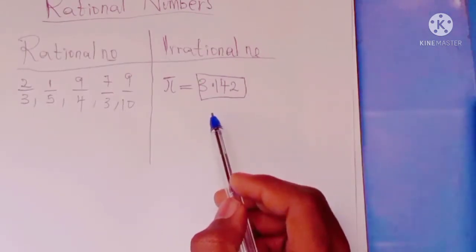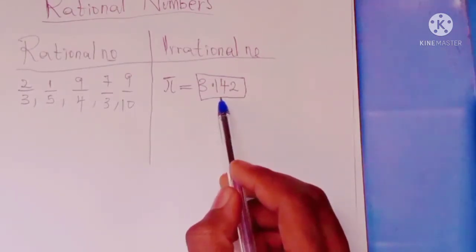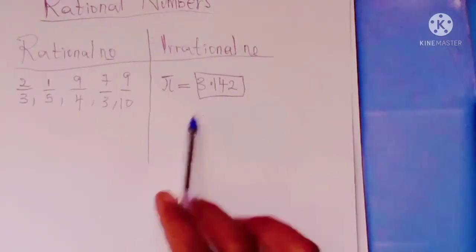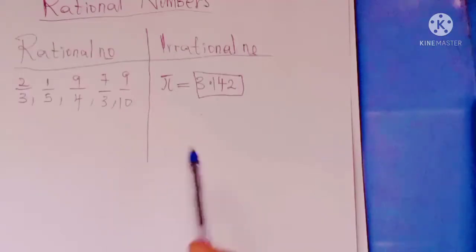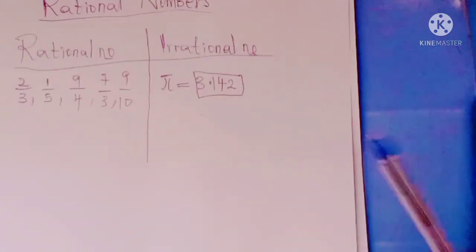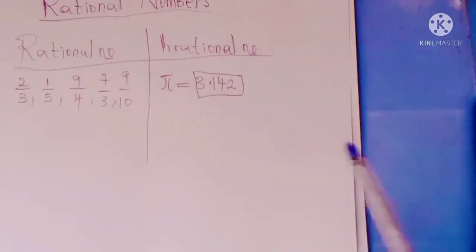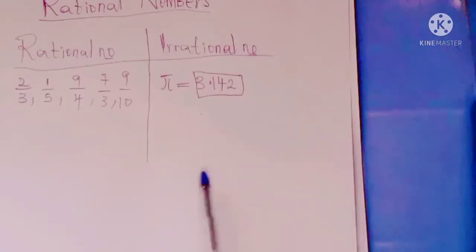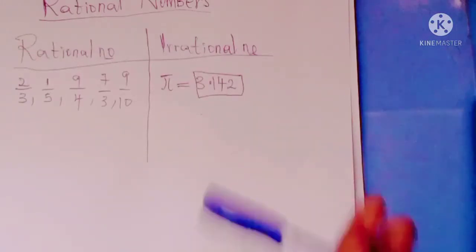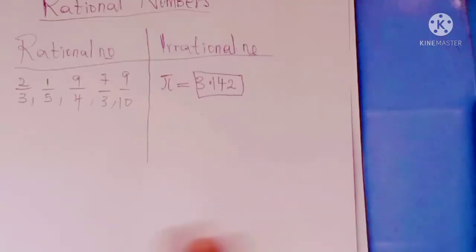If you check the whole completion of this pi, the digits keep going, and you can't really tell that the last number after the decimal point is either 5 or 6 or 3. These kinds of numbers are the ones that fall under irrational numbers. That is just it for irrational numbers.